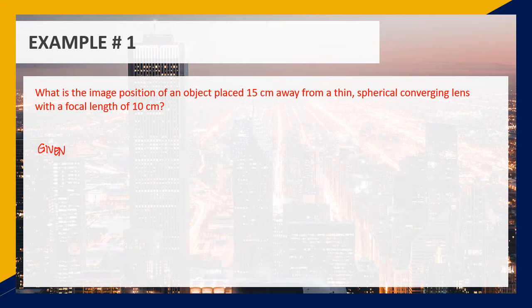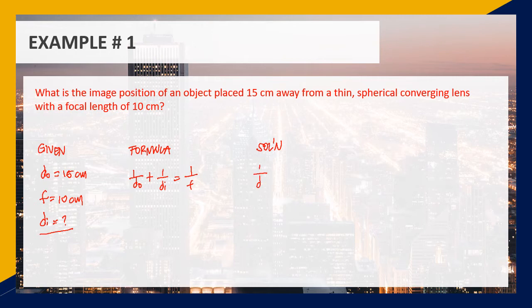Okay, so DO is equal to 15 centimeters, while ang focal length F is 10 centimeters. So ang gipangita niya is image position or image distance. Then formula: 1 over DO plus 1 over DI is equal to 1 over F. So solution.